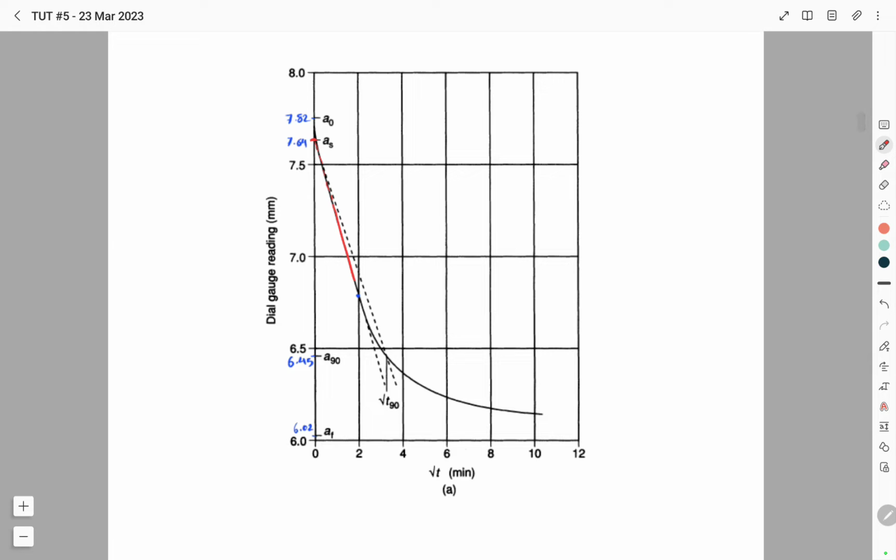The second value that we're going to determine is the value of T90 and A90.